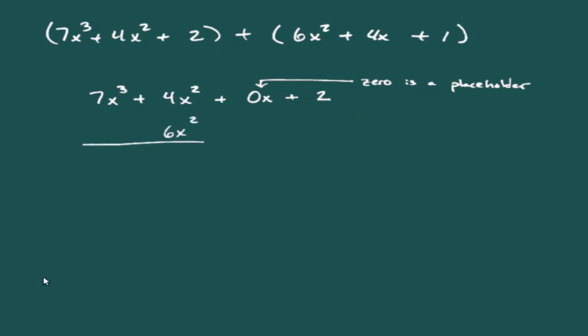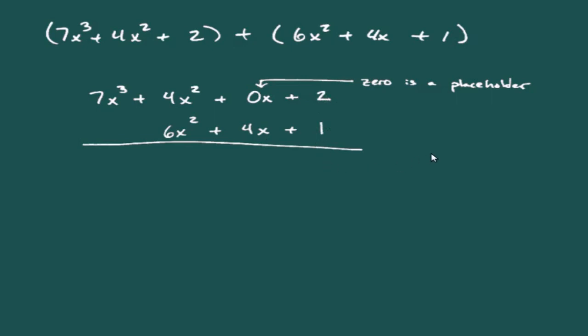Now when we're putting all of the other powers that are in there, we've got a column for the x from the second polynomial. So underneath the x squared column, we're going to put our 6x squared. Underneath the x column, we've got our plus 4x. And underneath the number column, we just have our 2 plus 1, our plus 1 from the second polynomial.